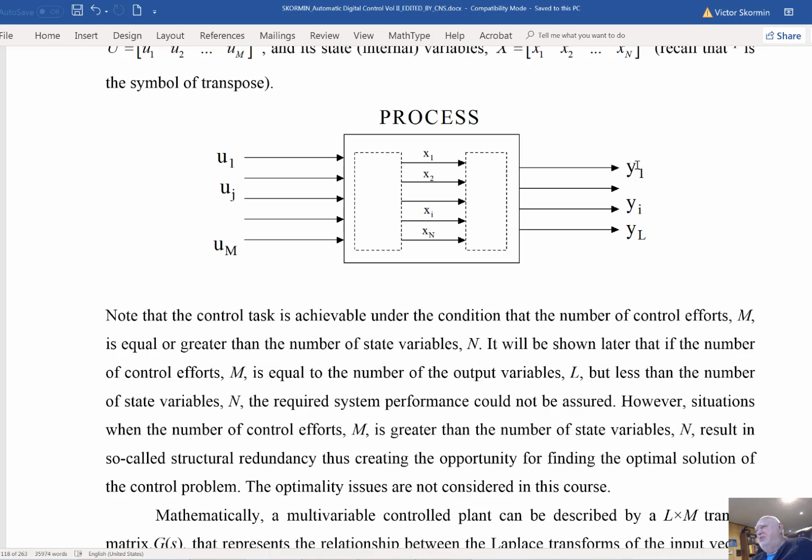This would be the ideal situation. And if I would apply step at the reference number 2, I will see response only in the output number 2 with the desired overshoot and settling time. And I would see no responses in all other outputs. So I want to have fully controlled, independent access to every controlled variable. This is the ideal situation.